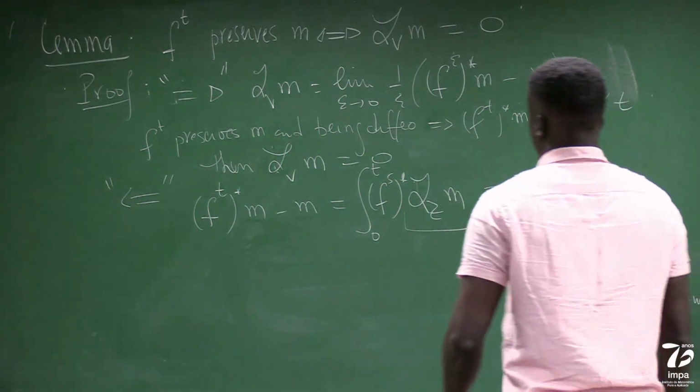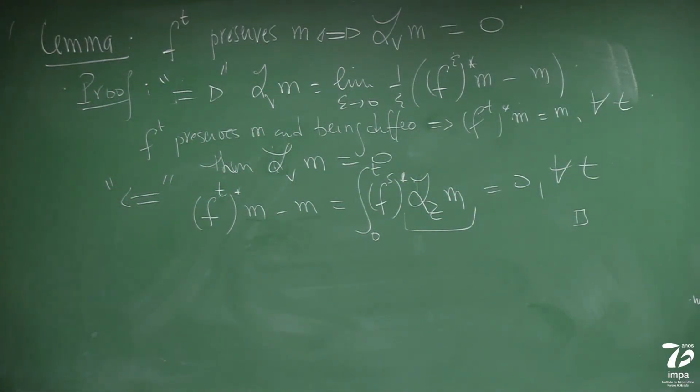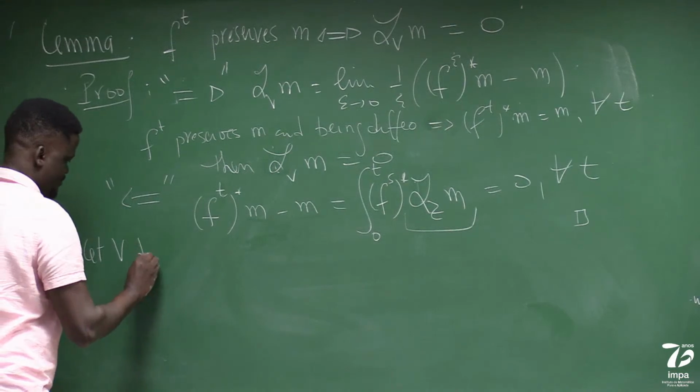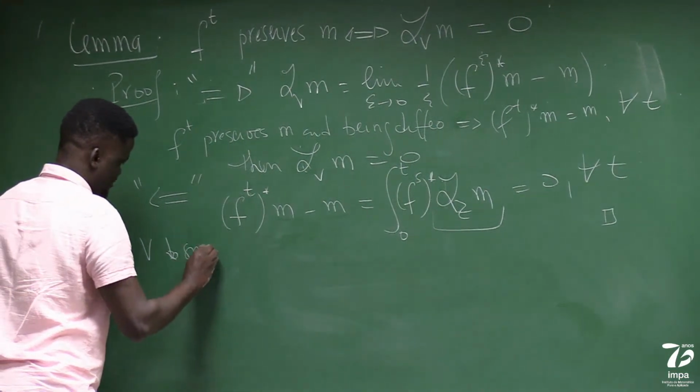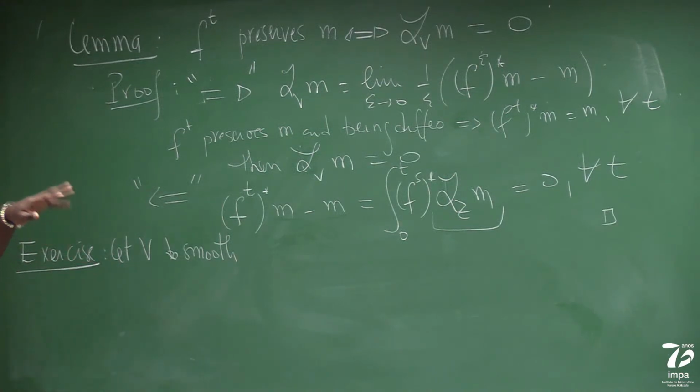And there is this nice exercise that I like very much. I have been giving it for the last 3 years in this course. So you take V, a smooth vector field. I did not talk about manifolds, but everything I'm saying here also holds on manifolds.